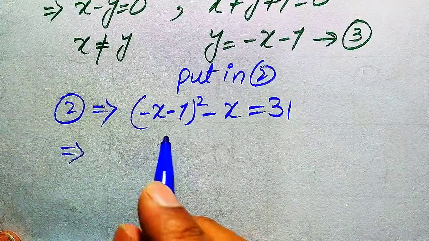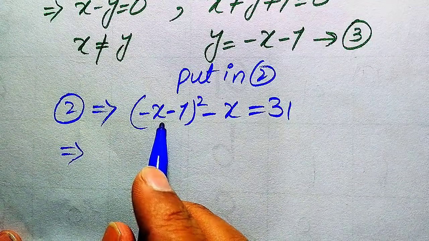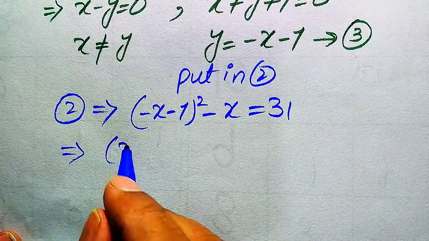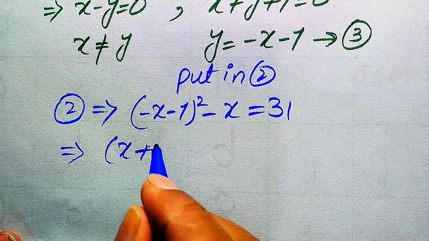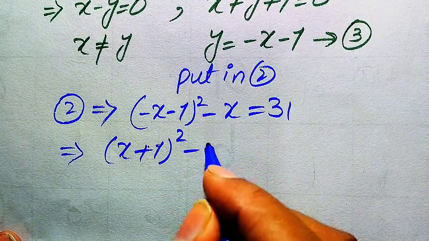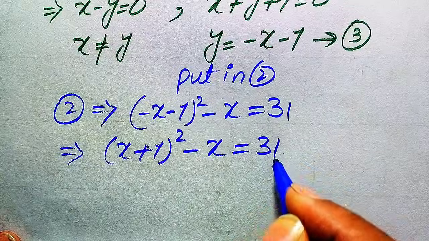You know that when a negative sign appears inside the square, it becomes positive, and we rewrite this equation as x plus 1 whole square minus x is equals to 31.